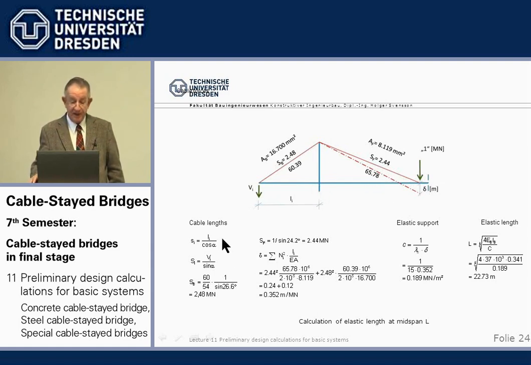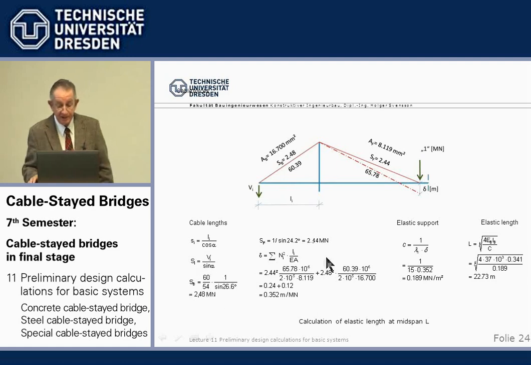And we need the length. The length is the horizontal divided by the cosine alpha. The cable force is the vertical component, or this support reaction, divided by the sine. We know that, and so we can then easily calculate this force, as we had it before.